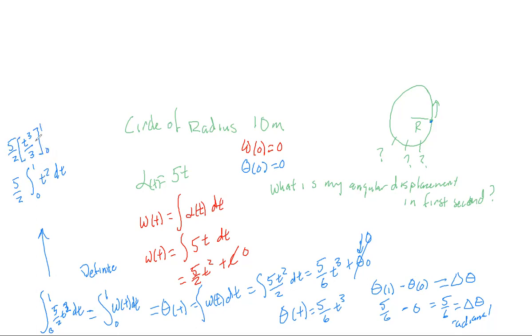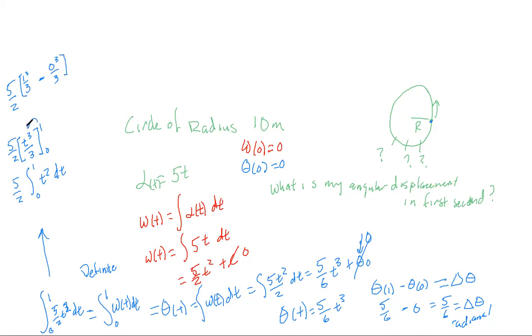And when I evaluate from 0 to 1, what that means is I plug in the 1 and then I subtract the 0. And so what I'll get is 5 halves of 1 cubed over 3 minus, now let me erase this t looking thing. Well, that was super effective. Okay, so this is 1 cubed over 3 minus 0 cubed over 3.